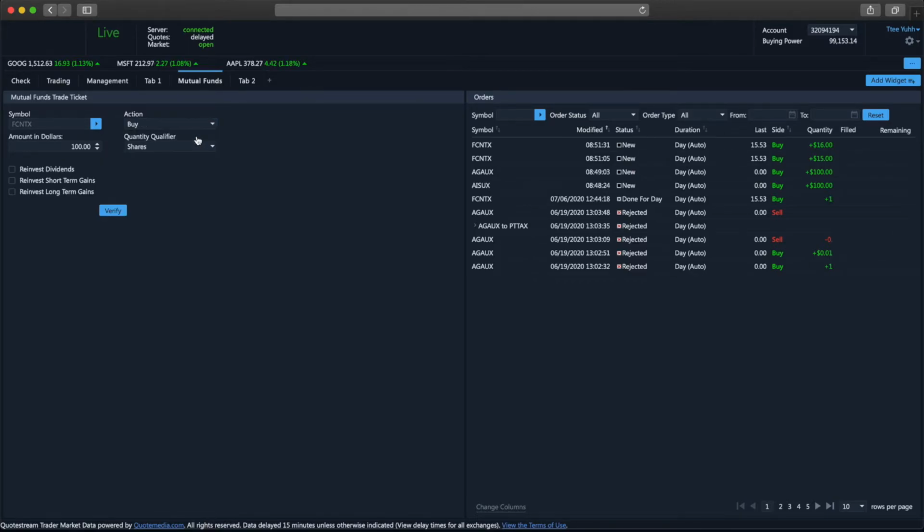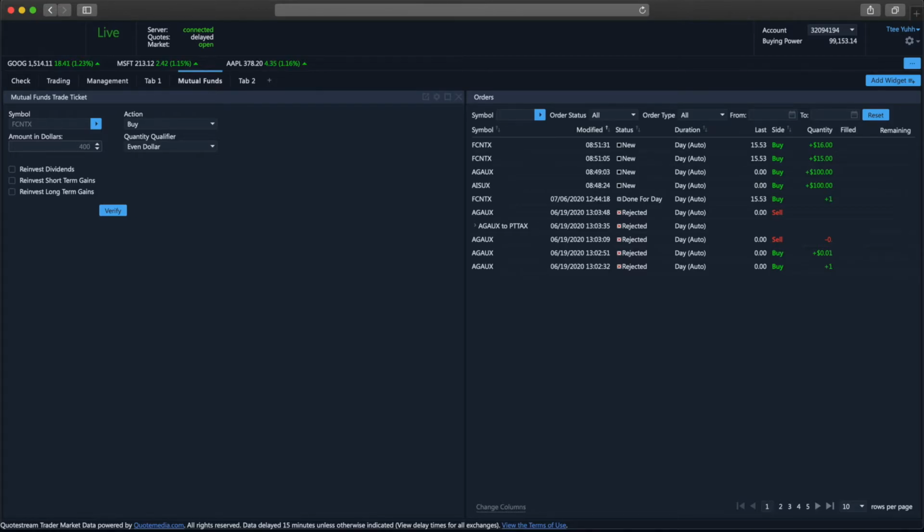However, if we simply want to buy a mutual fund, we usually buy a certain amount in dollars. For example, if some investor sets aside a certain fraction of their income every single month, they can buy, for example, $400 worth of this fund every month.